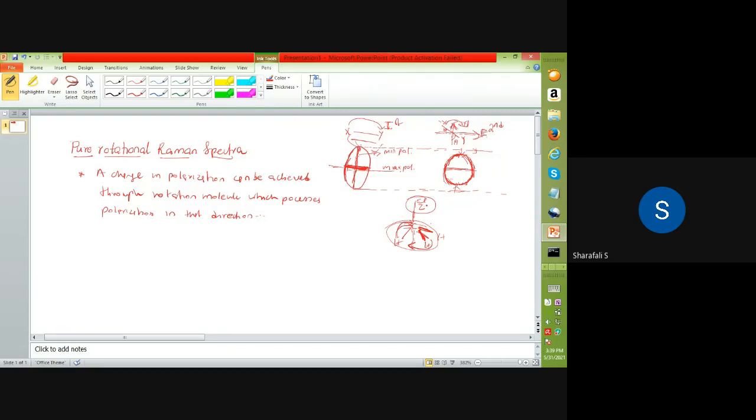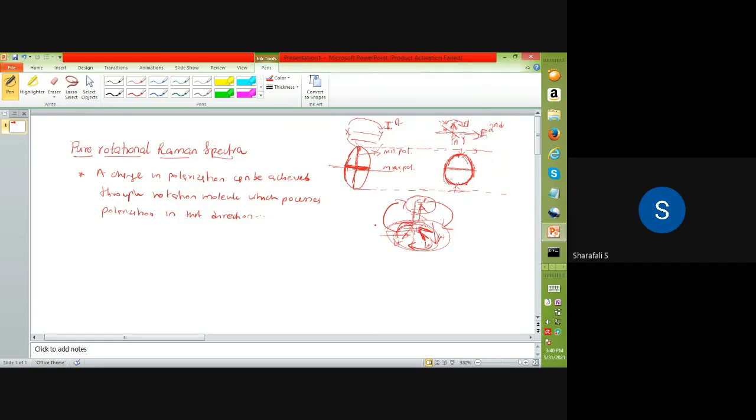But if you consider end-over-end rotation, like all the H is coming up, Cl is going down, in that case polarization will change, because polarization along this direction will not be equal to polarization along this one. That will be different. Also, the angle will change.